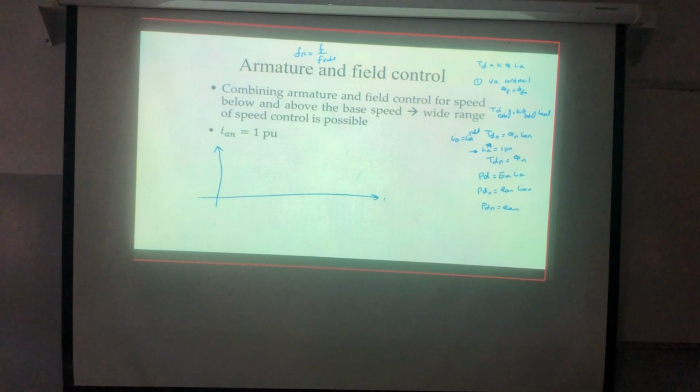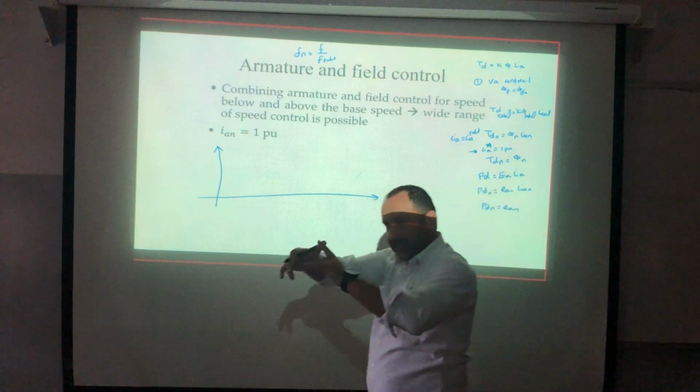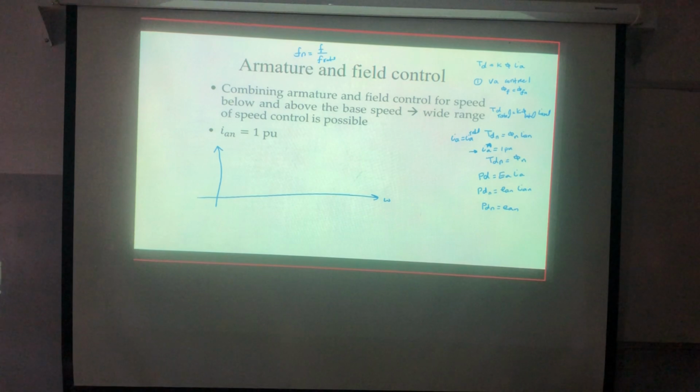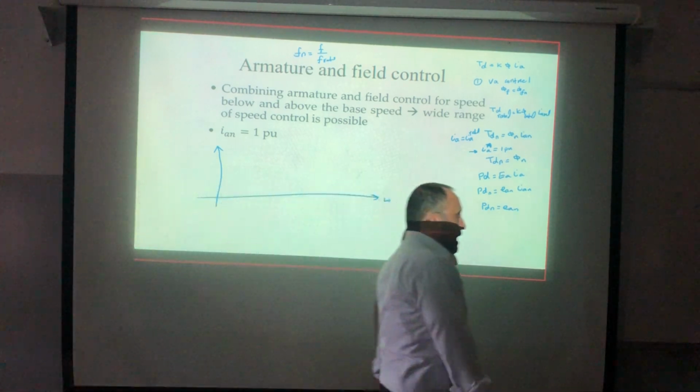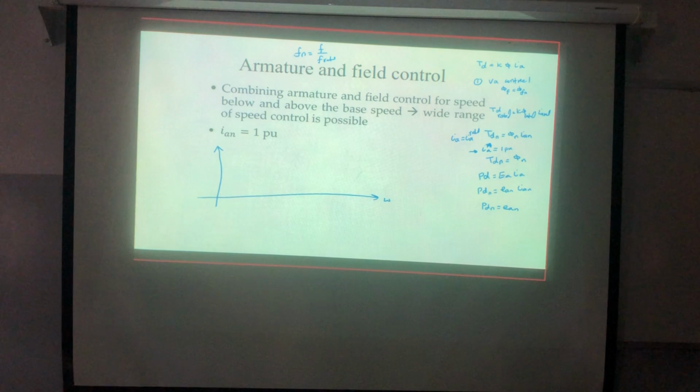So this is the speed, and I'm plotting TD, phi, EA, and PD with respect to omega. And here, this is the base speed. Let's assume that this one is omega base. Now omega base here is equal to what? Now let's see, VA is equal to RA IA plus K phi omega, and this is what we call EA.